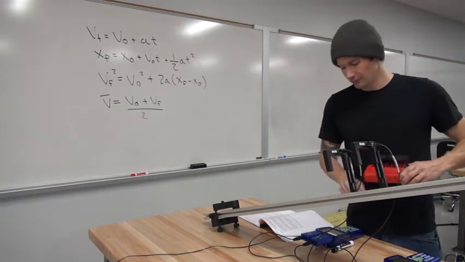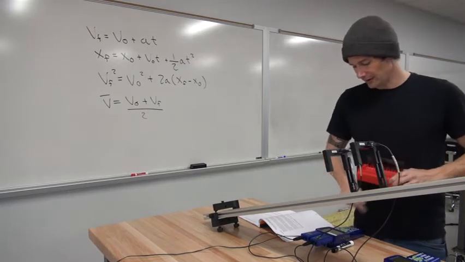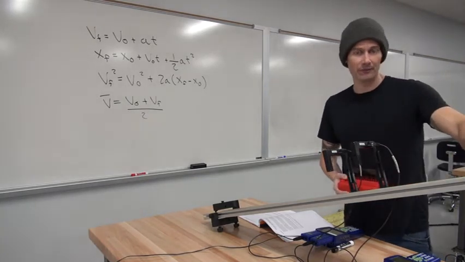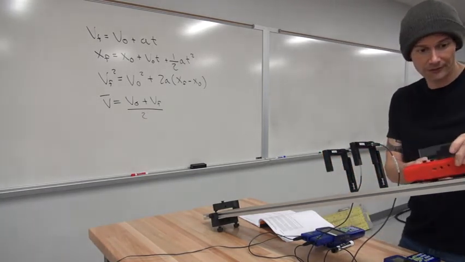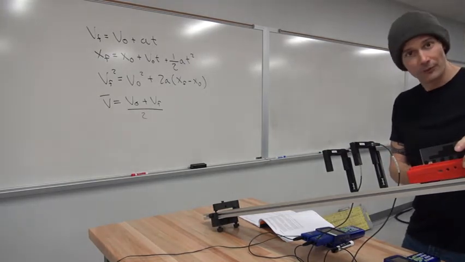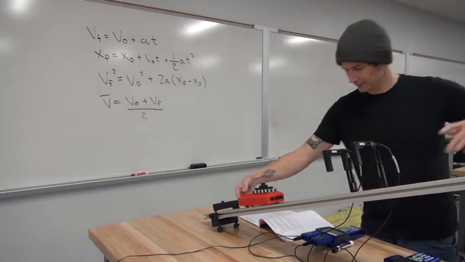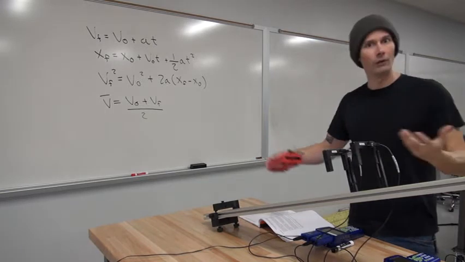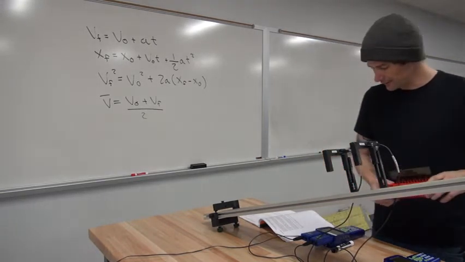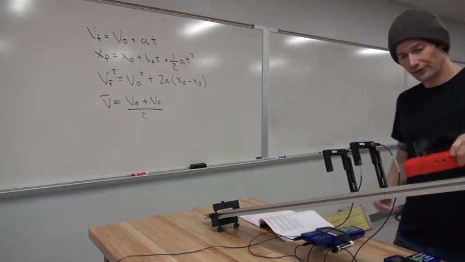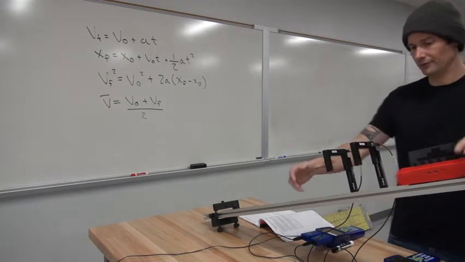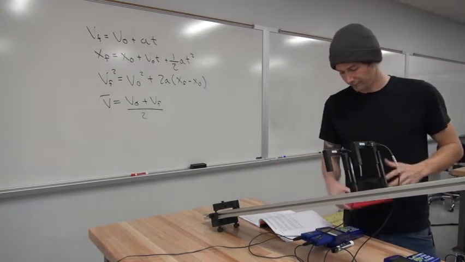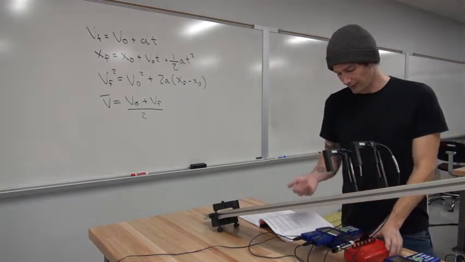Ooh, I may have been off a little bit on that second run because I may not have put it all the way up at the very top of this bumper. Let's see if we can get 1.12 again. 1.12 meters per second and 1.37. Let's do our 5th run here. Alright, 1.12 again and 1.36.